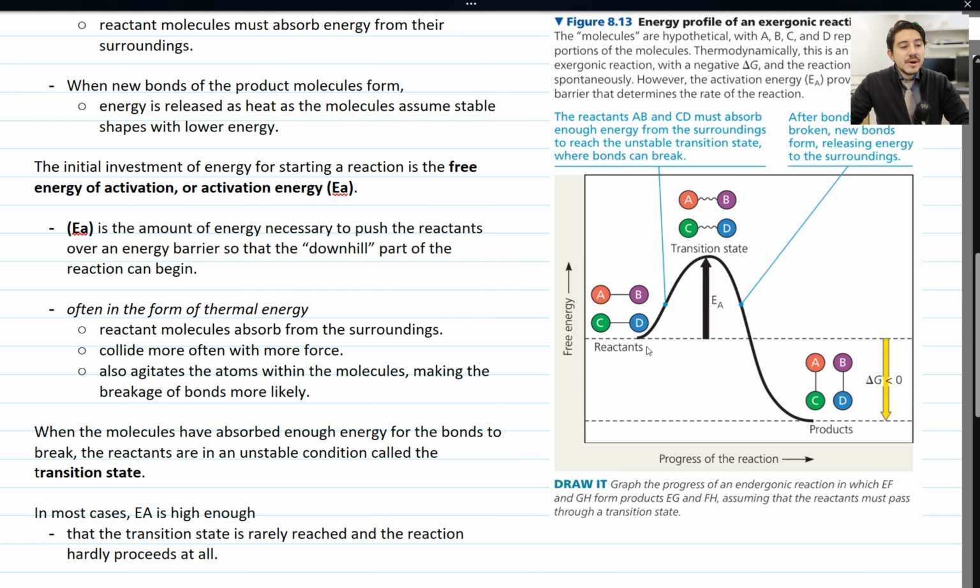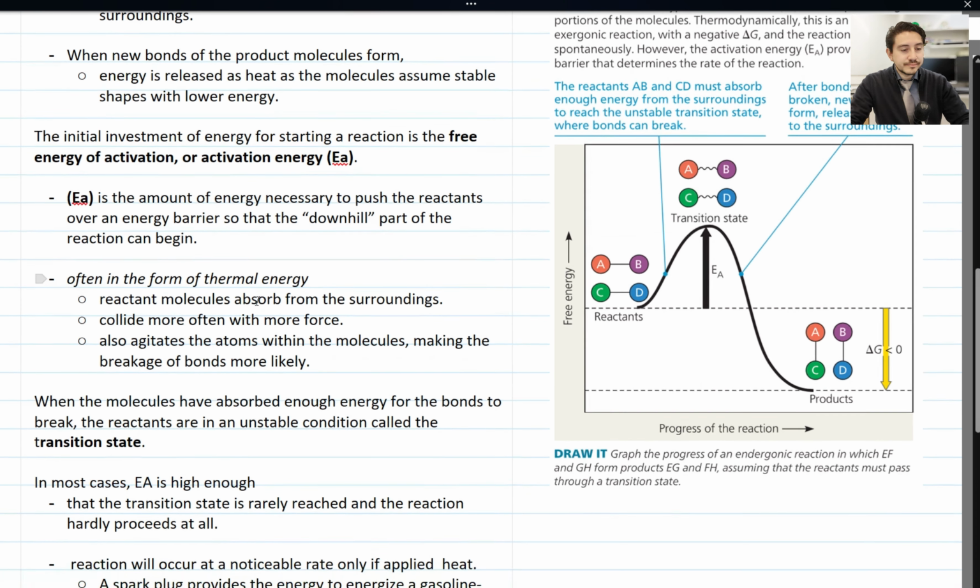That amount of energy that you require is referred to as the free energy of activation, or activation energy, and is denoted by E sub A. It's the amount of energy necessary to push the reactants over an energy barrier so that the downhill part of the reaction can begin. Then you can start having new associations of bonds between these atoms and form the products.